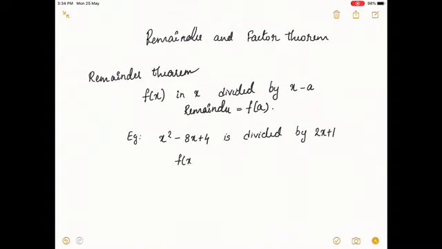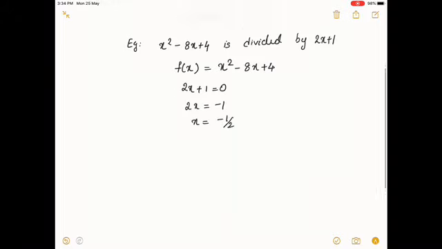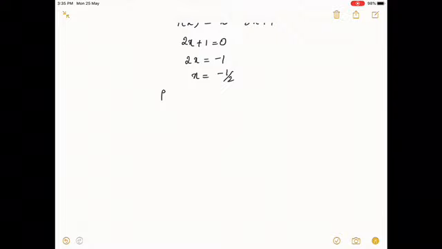We have f of x equals x square minus 8x plus 4. It's divided by 2x plus 1, so you can write 2x plus 1 equal to 0. That is 2x equals minus 1, x equals minus 1 by 2. So in f of x, instead of x you need to replace it with minus 1 by 2.